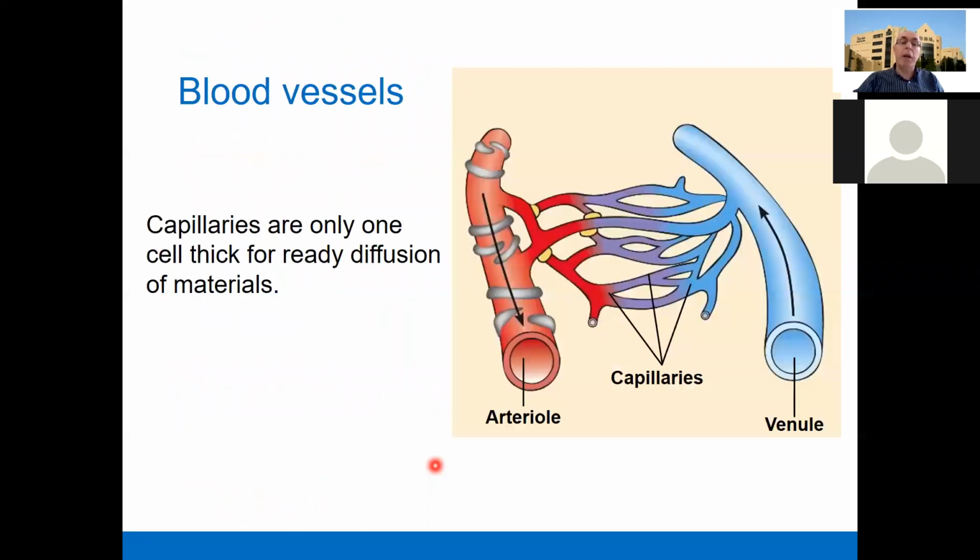Okay, capillaries are only, as I said, one cell thick for ready diffusion of materials. As you see, we have here arterioles which bring nutrients and oxygen to the tissue. At the tissue level, we have capillaries, and this is a junction between arterioles and venules. At these levels, the exchange of nutrients, oxygen, and carbon dioxide occurs.